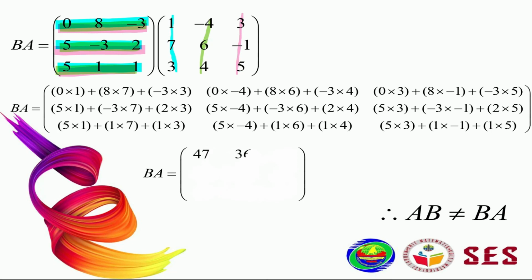You will get the answer for BA is 47, 36, negative 23, negative 10, negative 30, 28, 15, negative 10, and 19. Therefore, we can conclude that AB is not equal to BA.